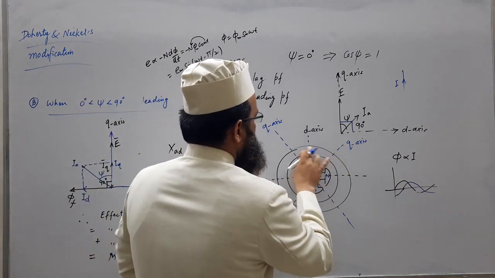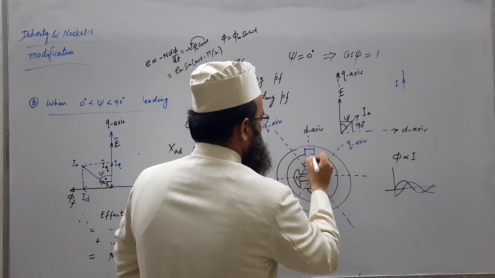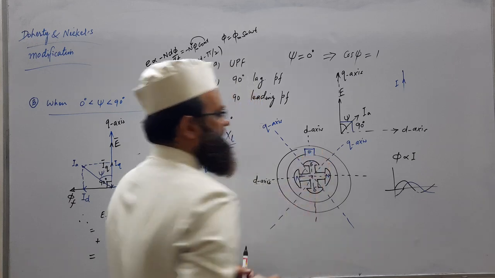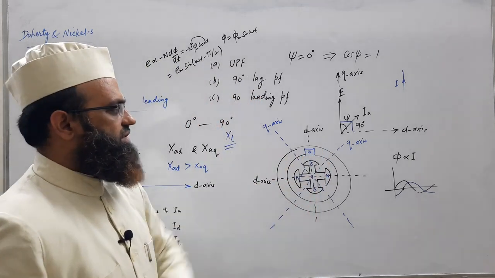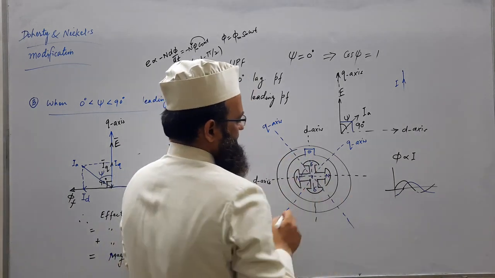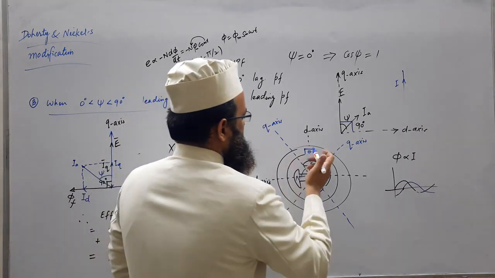For example, let us take an example. Let us take one slot here on a stator. We have one slot and one conductor. Let us say a dot is there. Polarity is like this. If rotation is this, then polarity will be this, right? Clockwise. Whatever the polarity, any polarity, just take a dot.